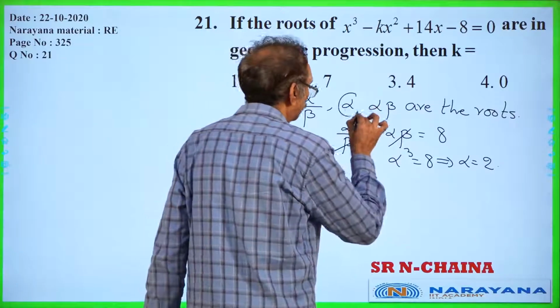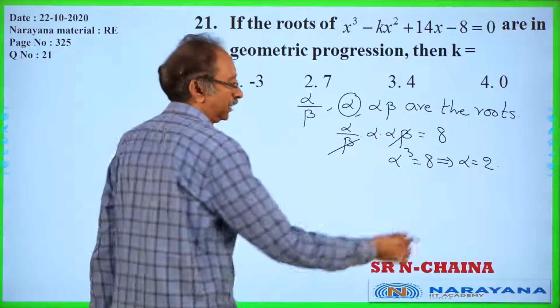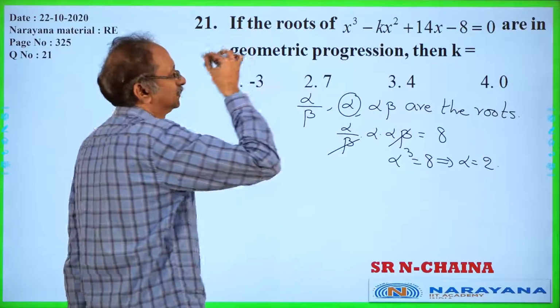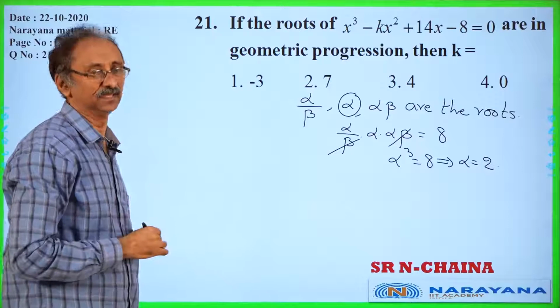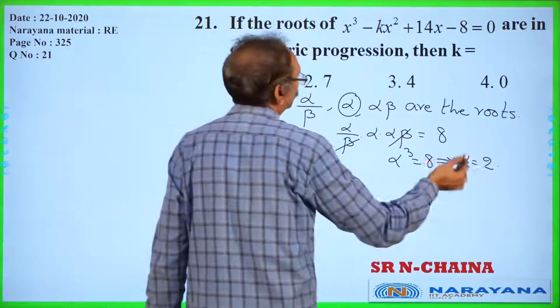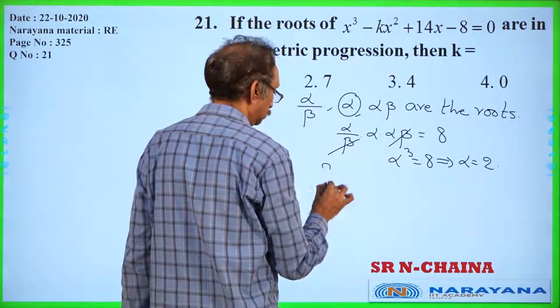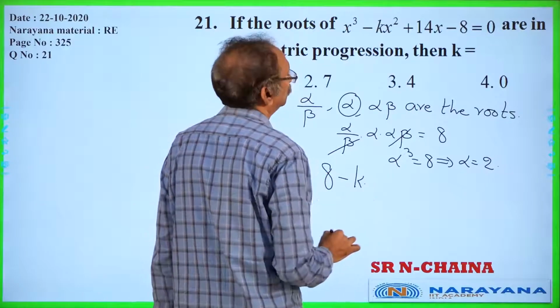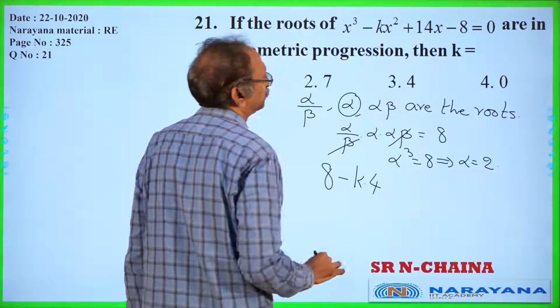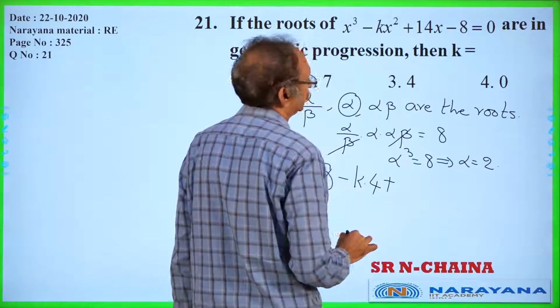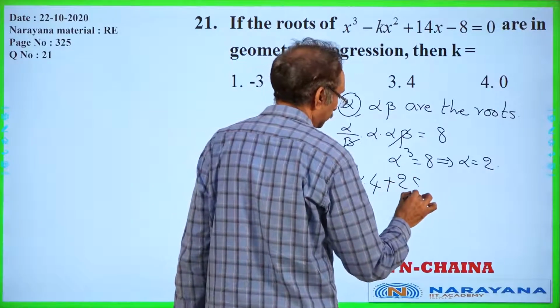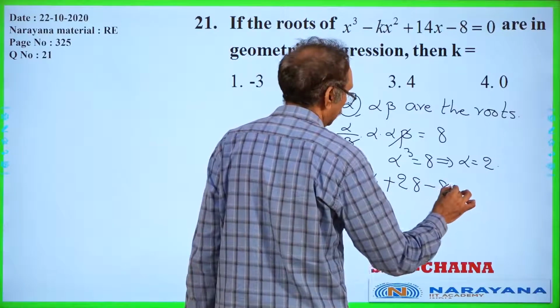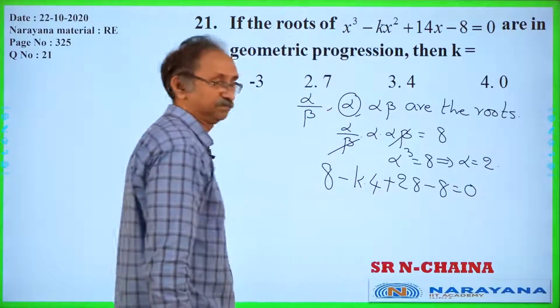So what is alpha actually? It is a root of that cubic equation, and hence 2 is a root of that cubic equation. It should satisfy the equation. So substitute 2 in place of x, that is 2 cube 8 minus k into 2 square 4 plus 14 into 2, that is 28 minus 8 is equal to 0.